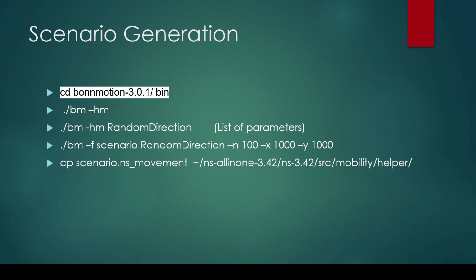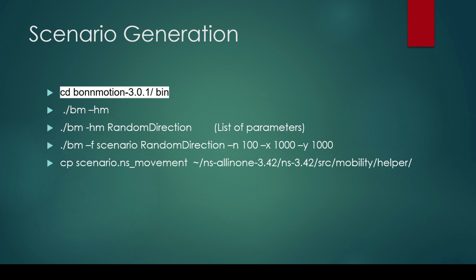It will list out all the mobility models, and in order to run a mobility model we need to pass the parameters. To find out the parameters for a particular mobility, we can use ./bm -hm RandomDirection, which is one of the mobility models. It will list the parameters: -n, which tells the number of nodes, -x, the x direction, and -y, the y direction.